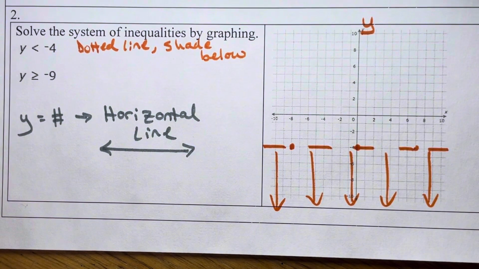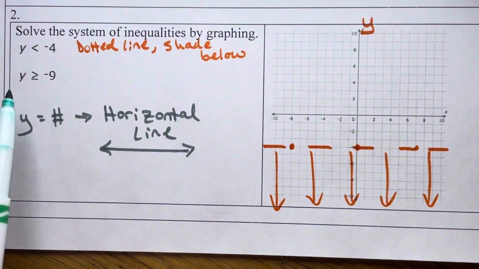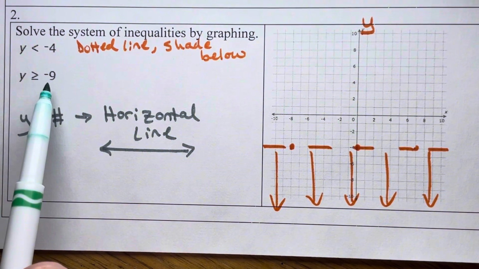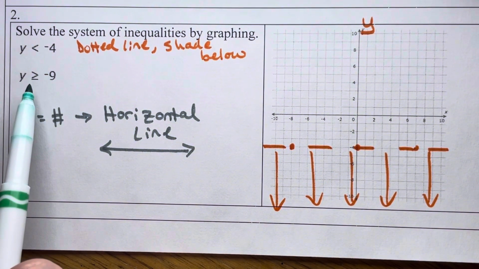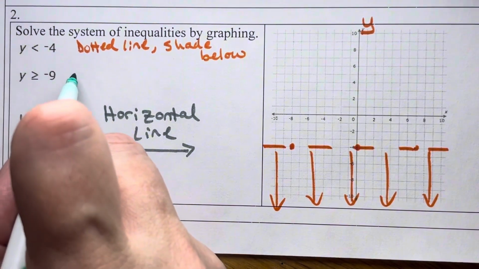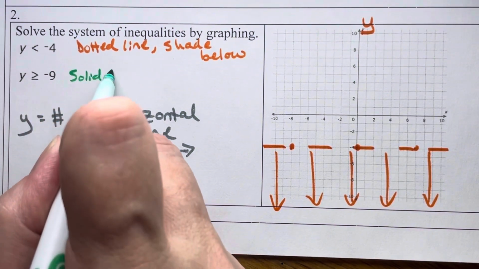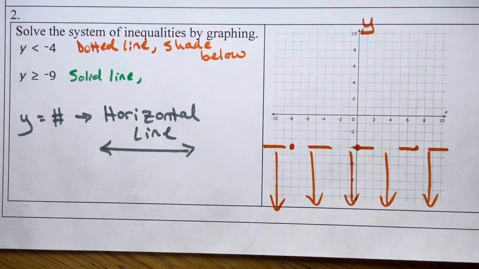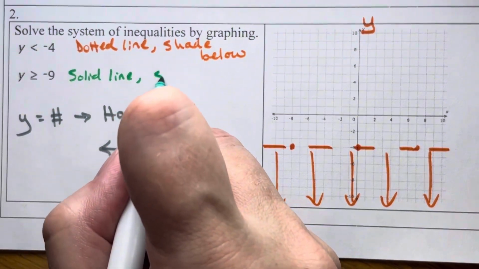Okay, our second inequality is y is greater than or equal to -9. Because this is a greater than or equal to, this is a solid line. And because it is a greater than, that means we're going to shade above.